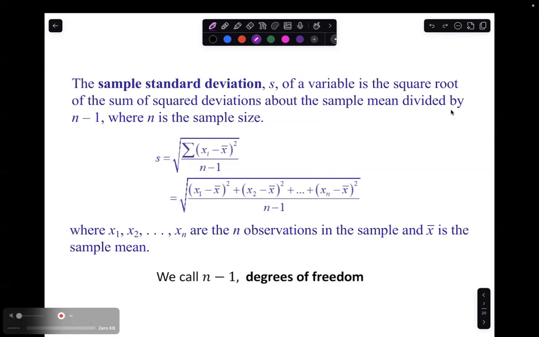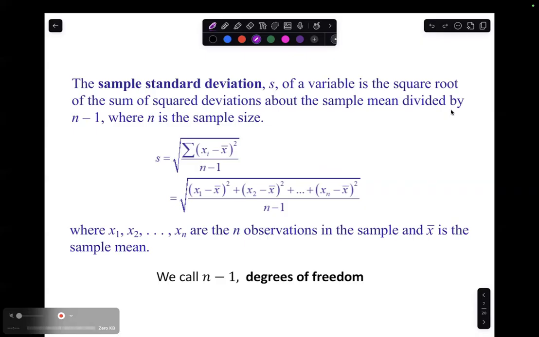The reason we do this is because we know, remember when we were calculating means and every mean was a different value. None of them were exactly what the population mean was. Because there's so much variation in the answers you can get when we use a sample, we have to account for that by making our standard deviation just slightly bigger.